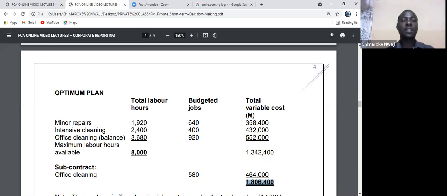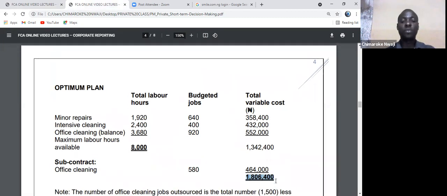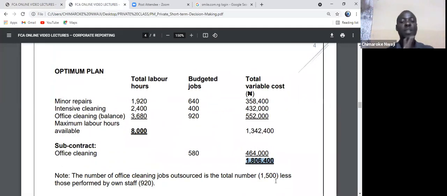Now, that is what the question is asking you: how many will you subcontract? How many will you do in-house? What is your total variable cost on that? So you see here that the office cleaning job will be outsourced, and the 1,500 can be reached if the company does 920 and outsources 580.